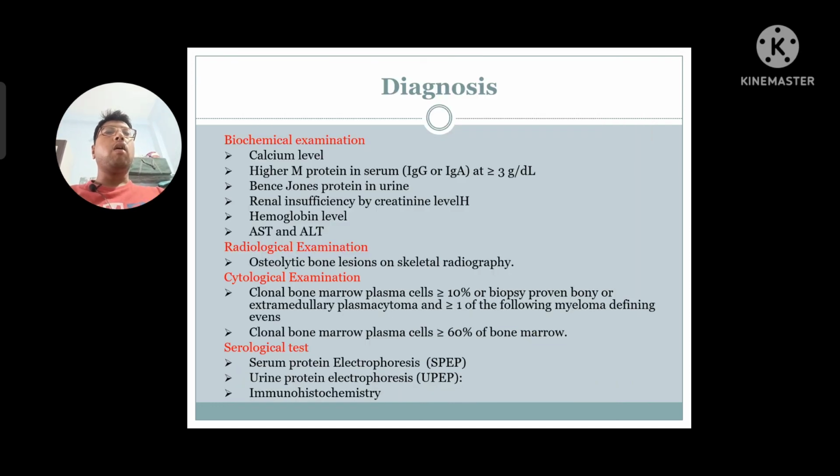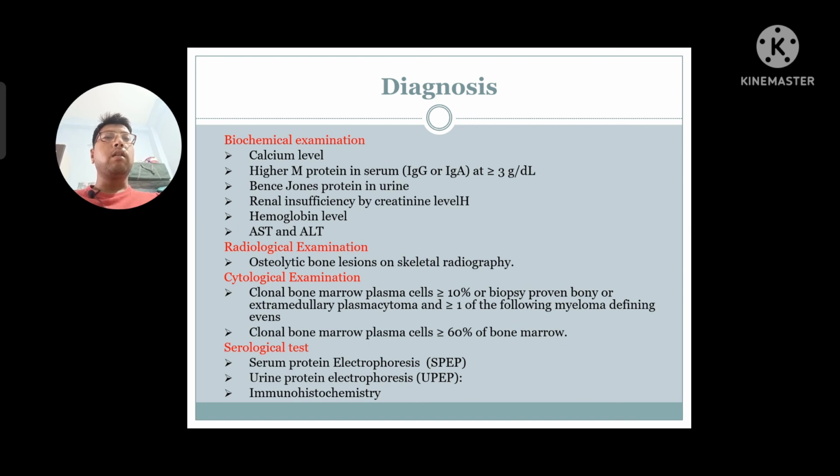So now, considering all of those things, we can diagnose multiple myeloma first on the basis of biochemical examination, like increase in the calcium level. There is production of M protein, and Bence-Jones protein is also found in the urine.